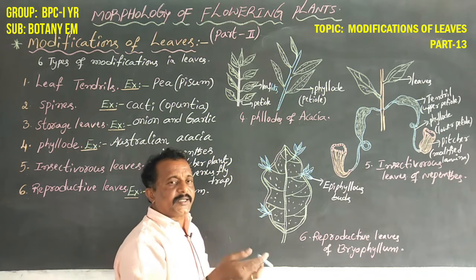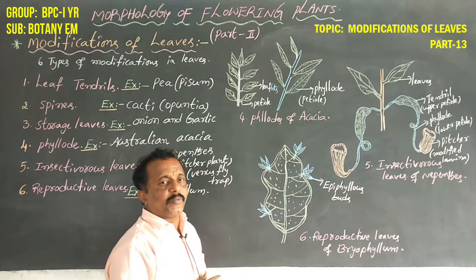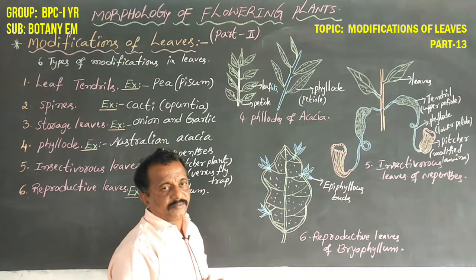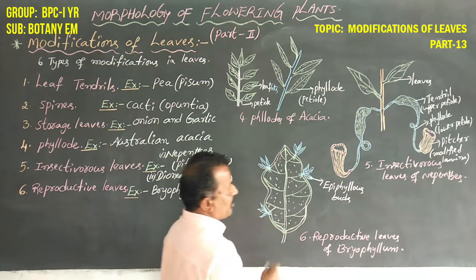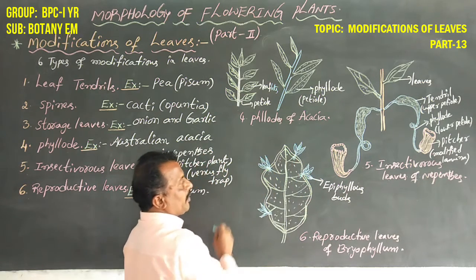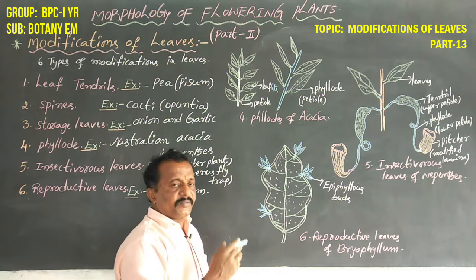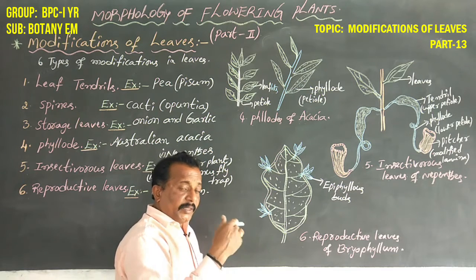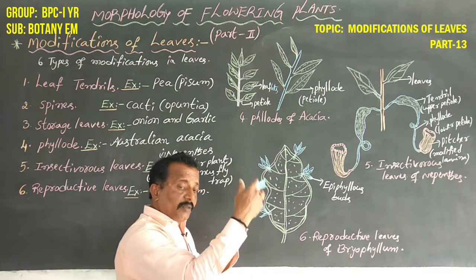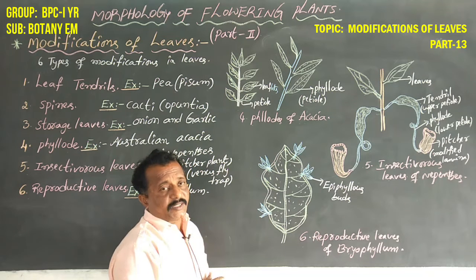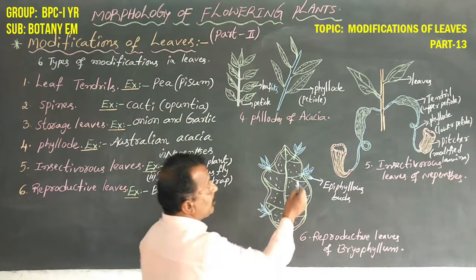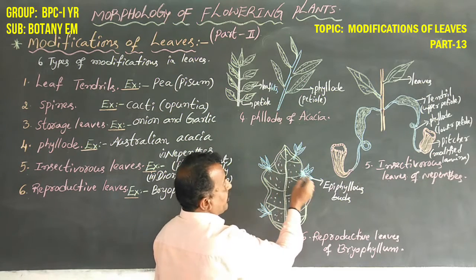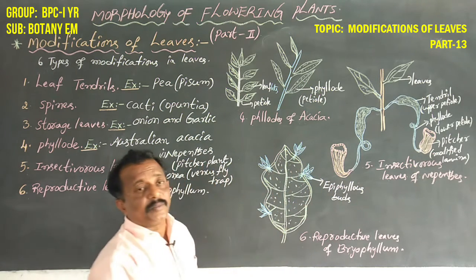But here, in some leaves buds are also developed. These buds are known as epiphyllous buds. That means these buds are developed on the upper surface of the leaves.